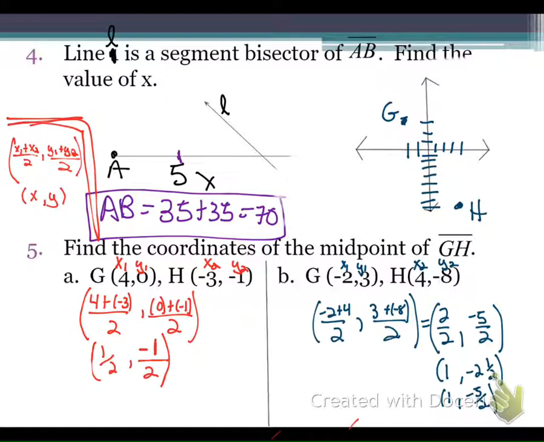H. Connect my points with the line. And then we're going to plot my midpoint, which is going to be that 1, negative 2.5. So when X is 1, Y is going to be negative 2.5. It's going to be right around there. And we see that's going to be my midpoint. So once again, we can verify that with our graph.